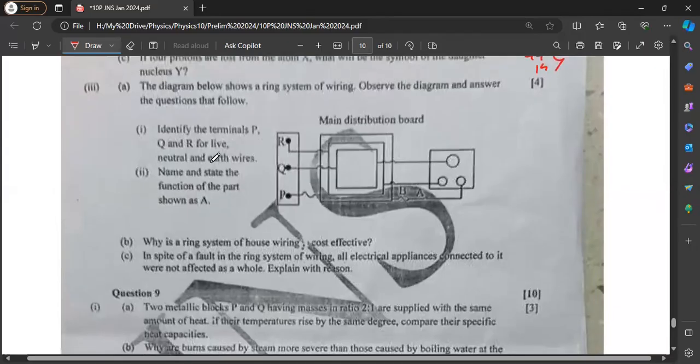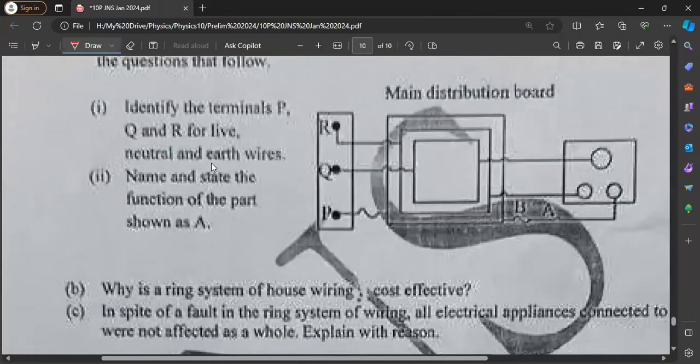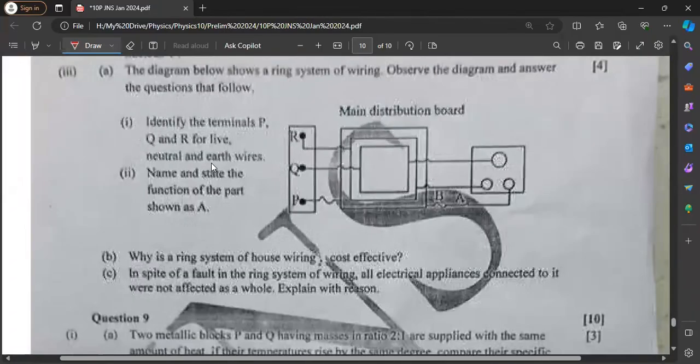Okay. Now in this diagram below, observe the diagram and answer the question. Identify the terminal P. Now, if you look at the diagram, it is not so clear. Let me just check.